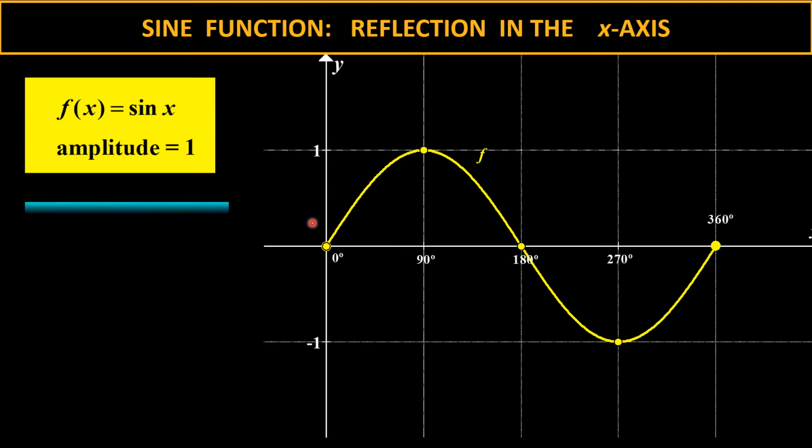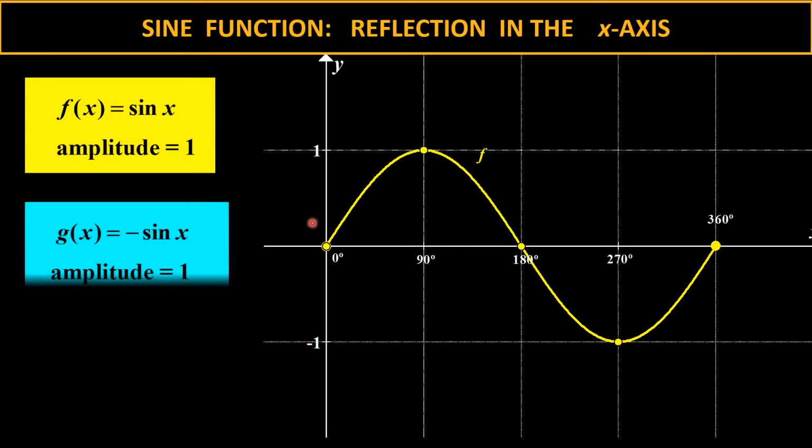Okay. Now if I want to reflect it in the x-axis, g(x) is negative sine x, right? So in other words, every output value needs to be multiplied by negative 1. 0 times negative 1 is still 0. 1 times negative 1 becomes negative 1. 0 times negative 1 stays a 0.